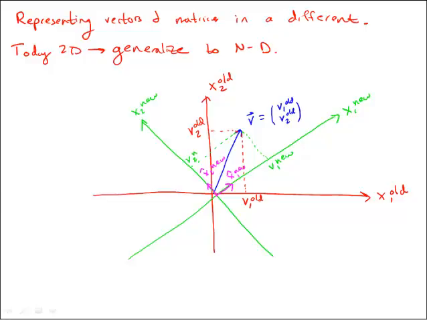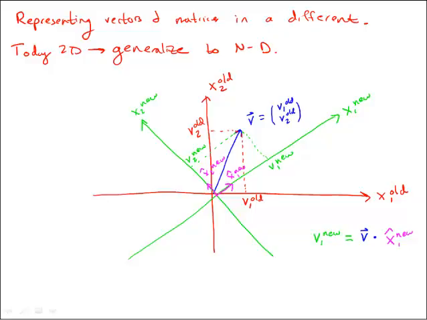So v2 new. So how do we actually write out the math? If we were to write v1 new, what does that equal? That just equals the projection of v onto the unit vector pointing in our x1 new direction. And as we learned in earlier weeks, that's just the dot product between v and x1 new hat.